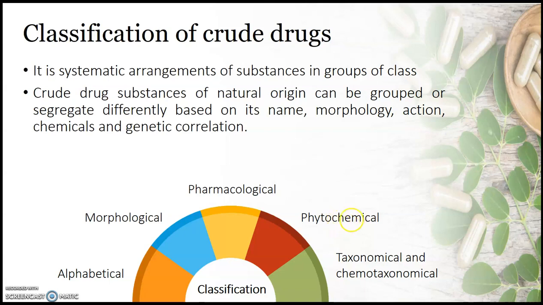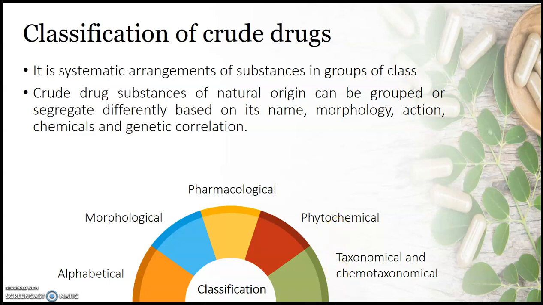So aloe will be classified under the head of glycoside. Similarly, there are different categories of phytochemicals, like alkaloids, glycosides, tannins, phytosterols, triterpenoids, and these are classified into different phytochemical classes.